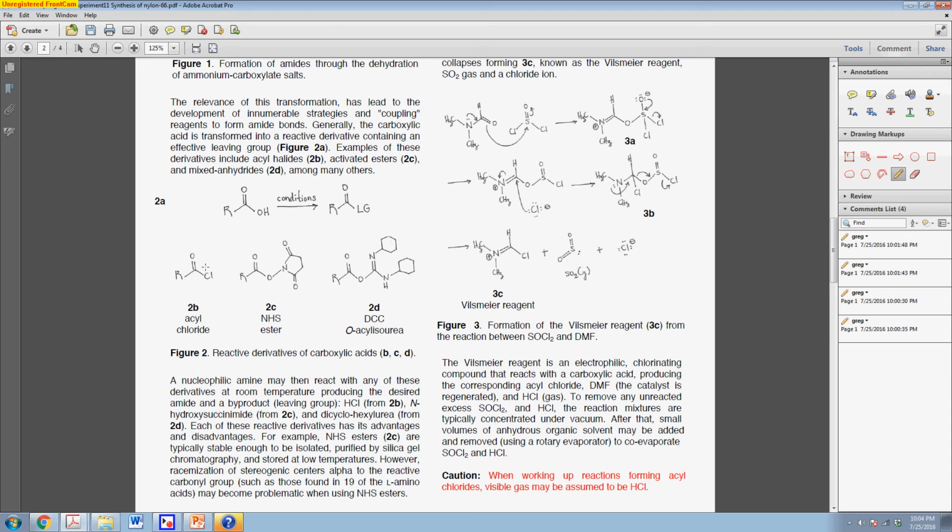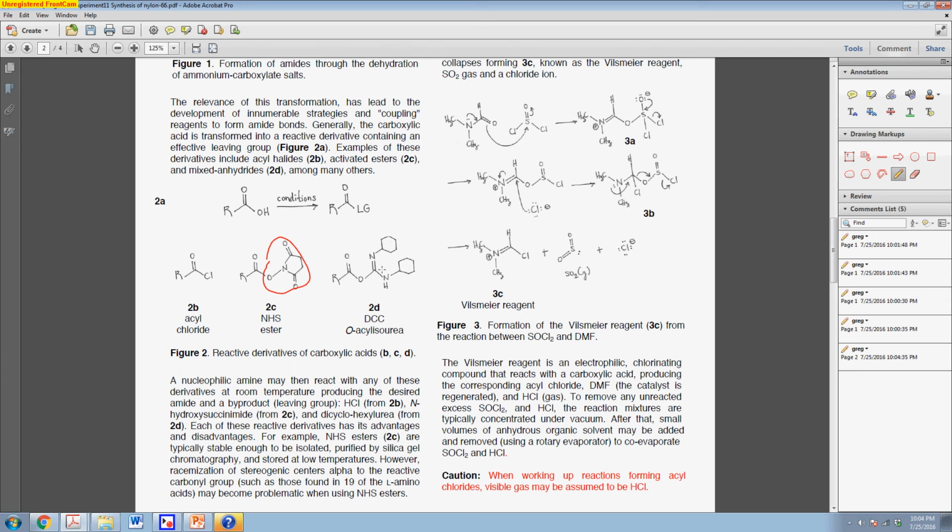The approach that we're going to take in this lab is that we're going to make the acyl chloride. You can also make an NHS ester. This ends up being an outstanding leaving group. And then the most common approach for making activated carboxylic acids is using something called a carbodiimide. The most popular of these is something called DCC.